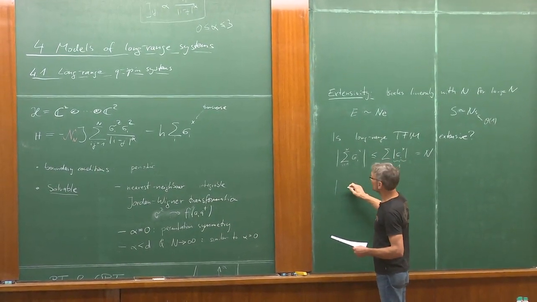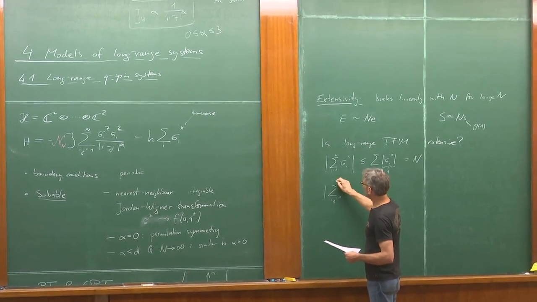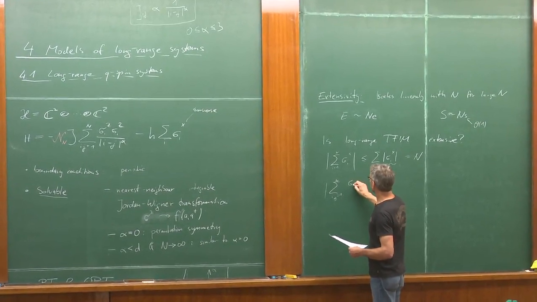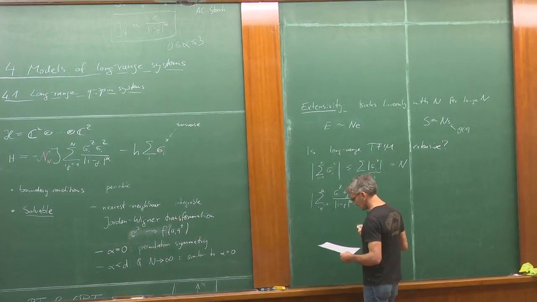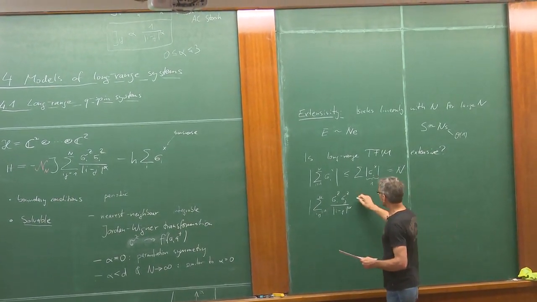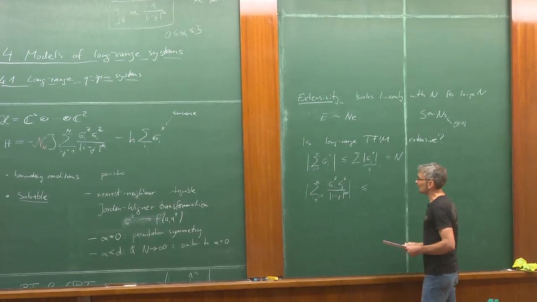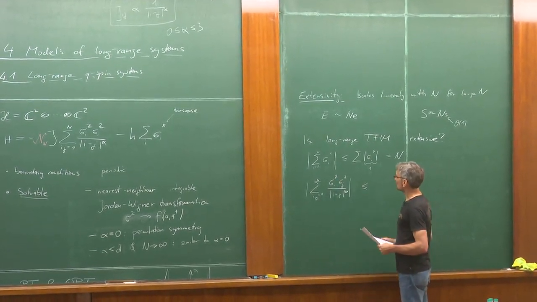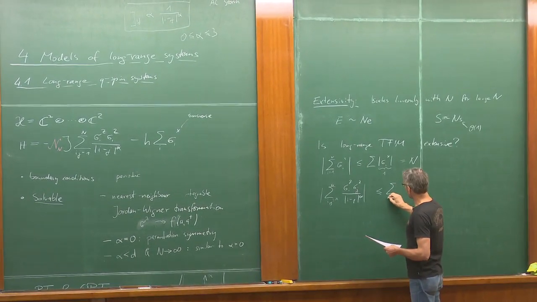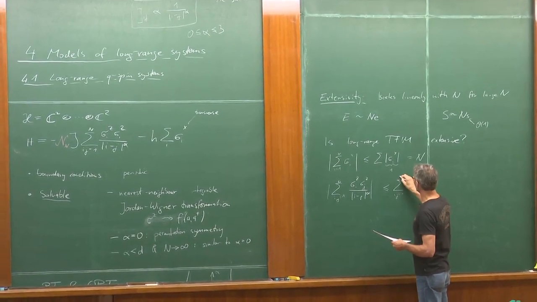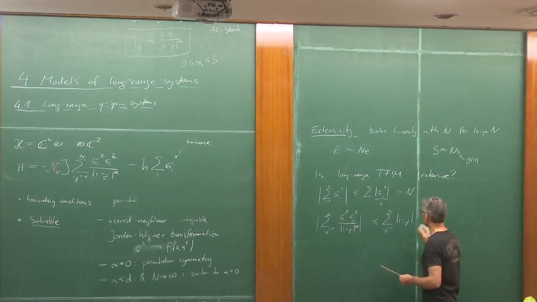The more interesting one is the interaction term. So we look at the sum over i, j from 1 to n of sigma i z, sigma j z divided by |i minus j| to the power alpha. And we do the same kind of step, bounding by putting the absolute value in here. These here have absolute value 1, so we end up with a double sum over i, j from 1 to n of |i minus j| to the power of minus alpha, if I write it that way.